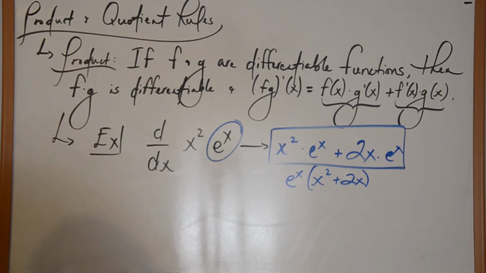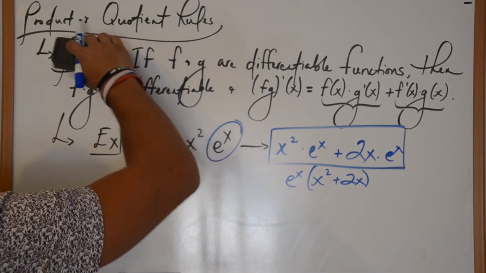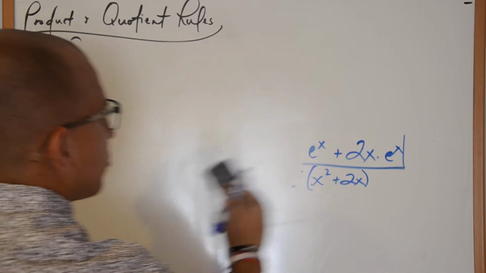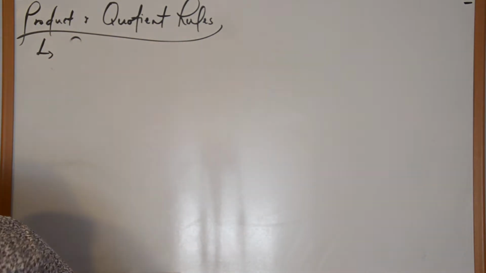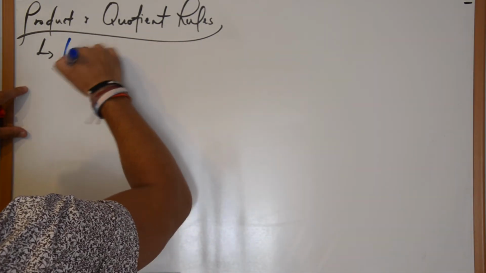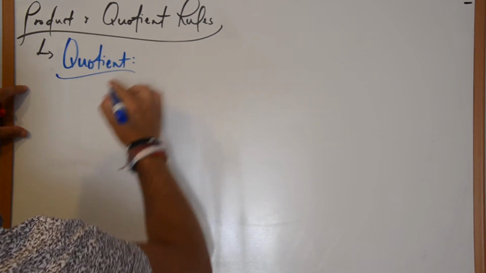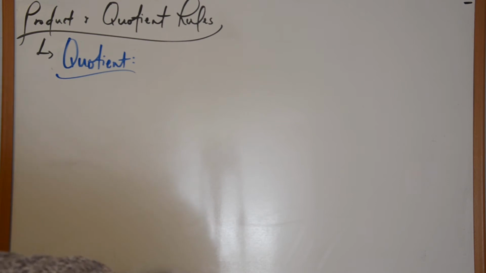So what are we talking about when we're talking about the quotient rule? Should have kept that intro part because I don't have to rewrite it. But nevertheless, the quotient rule is a little bit more complex.